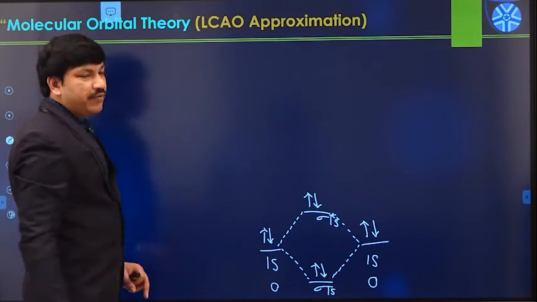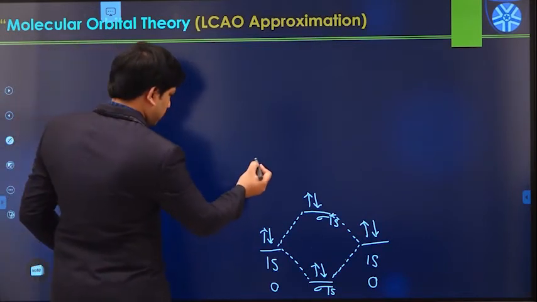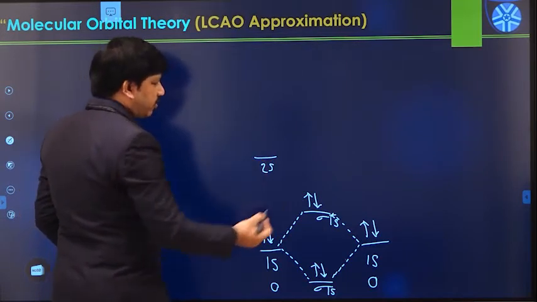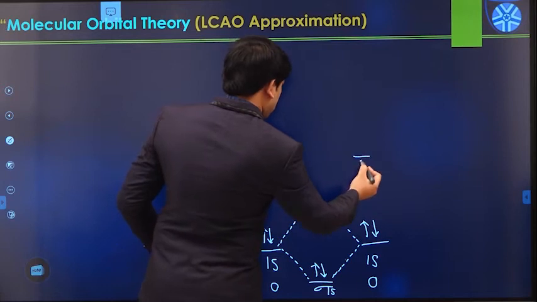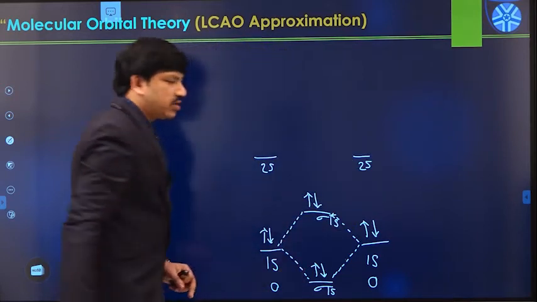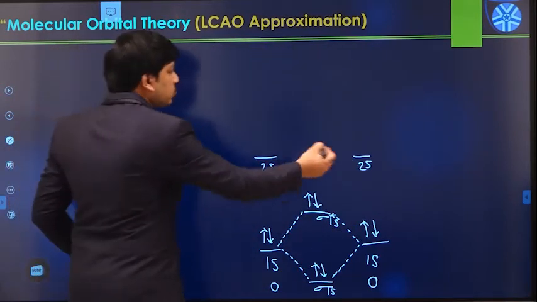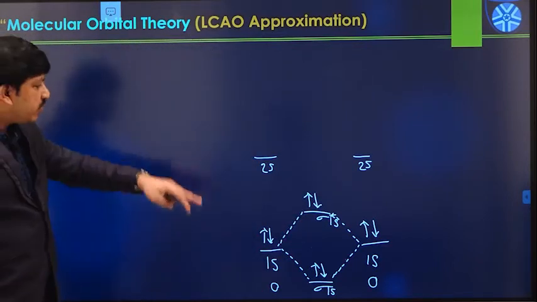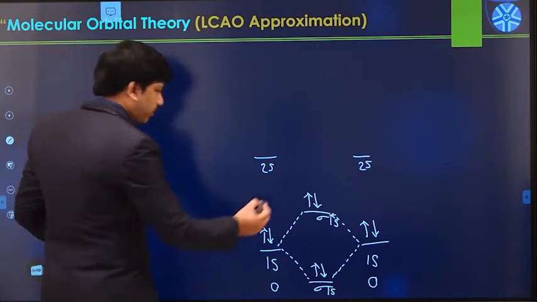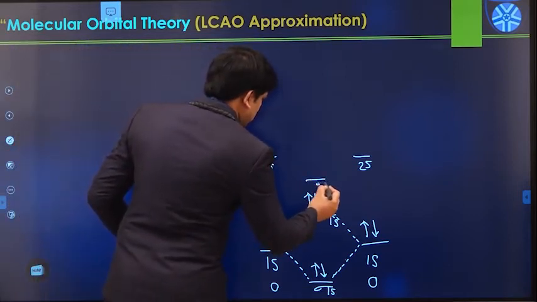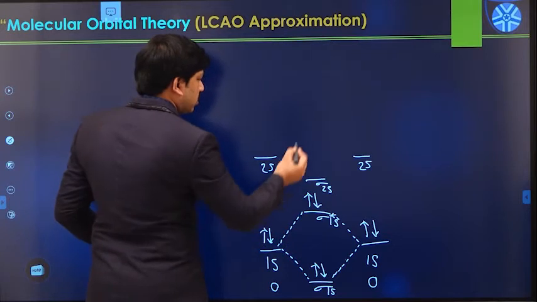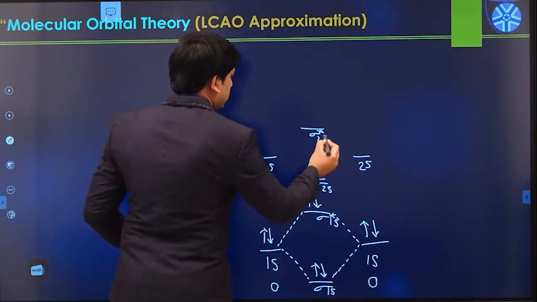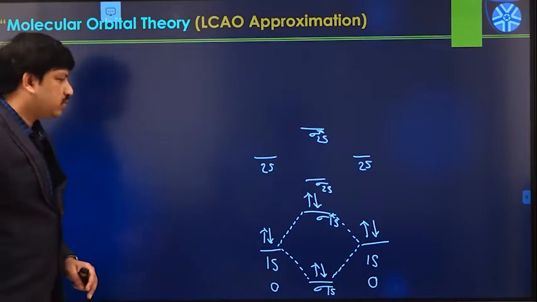The second thing, we have a 2s orbital. So this is the energy of the 2s atomic orbital, and this is the energy of the other 2s orbital. Now these two 2s orbitals undergo linear combination, and there is a formation of corresponding sigma 2s and sigma star 2s. So let us say this is sigma 2s and this is sigma star 2s like this.